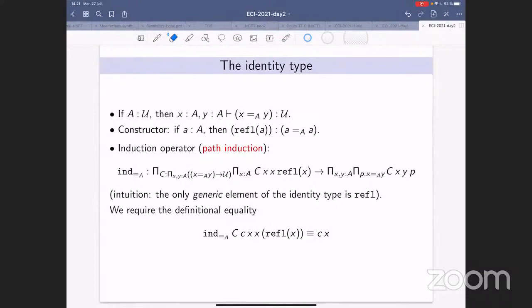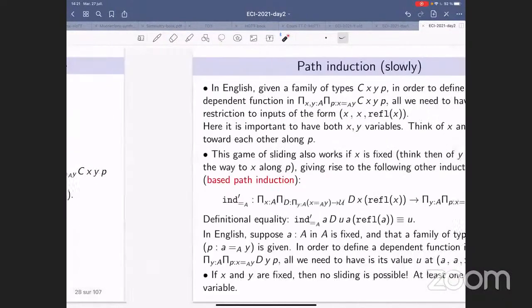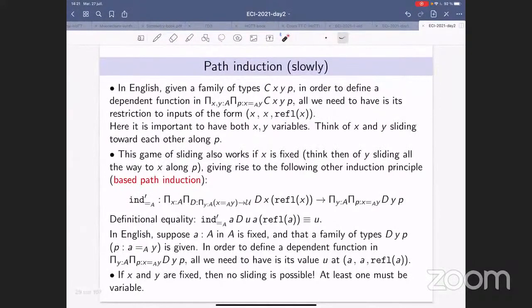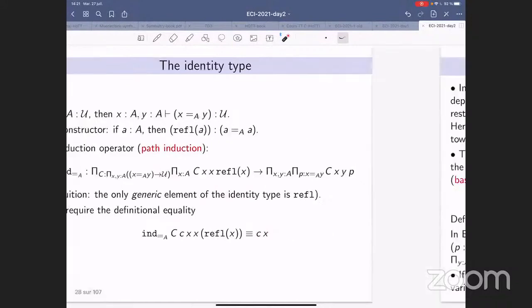So the important word in this slide is the word generic here. Let me repeat now using English. Maybe I comment on this slide. This is the official induction principle with its type, and with its associated definitional equality. Now, in English, what this induction principle tells me is the following.